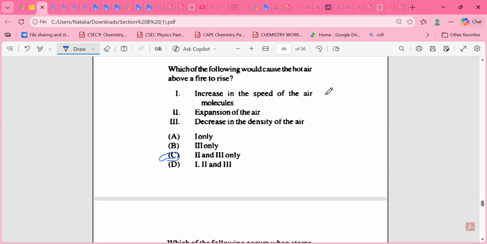If we increase the speed, the volume is going to increase. All of them.